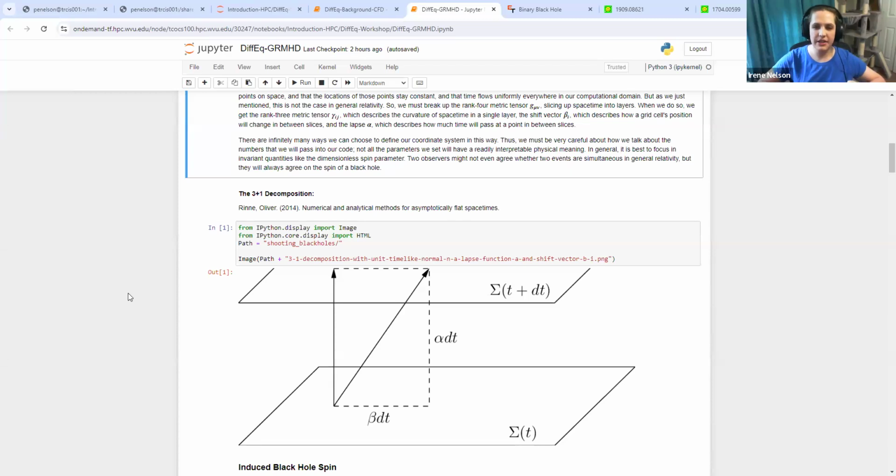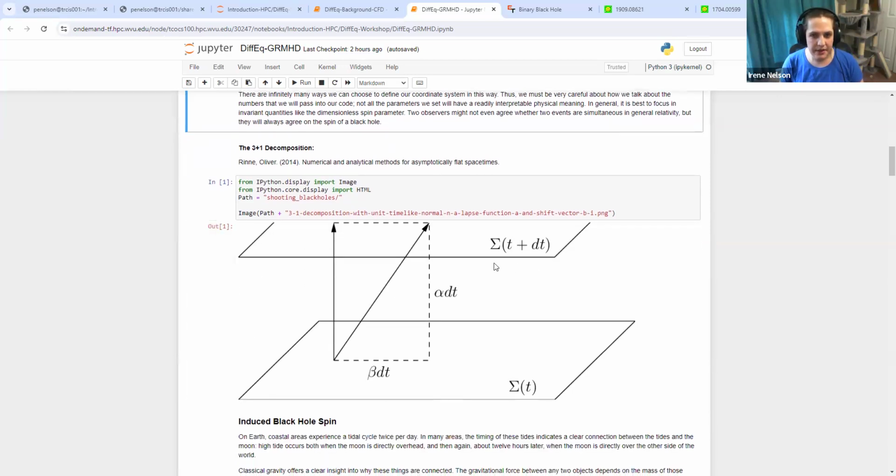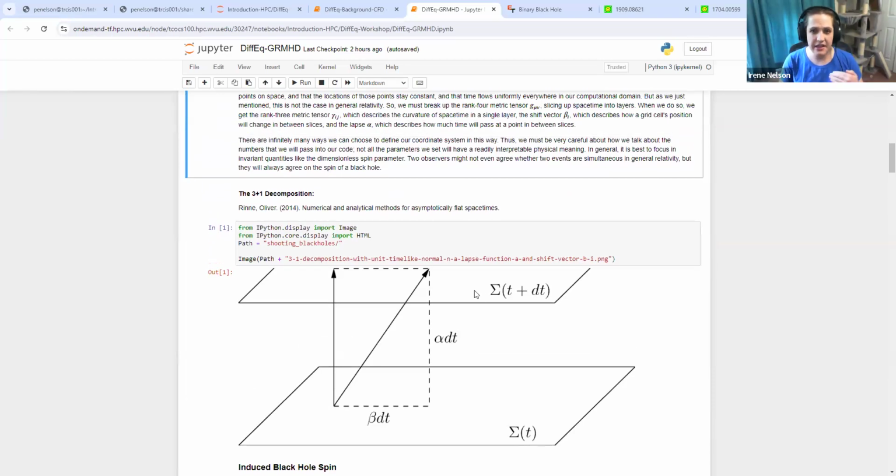That means that we're going to turn that rank 4 metric tensor into a couple of separate quantities. We'll have the rank 3 metric tensor, gamma, and we can see that this is subscripted with Latin indices i and j instead of the Greek ones mu and nu. That's just a convention that tells us that these indices will run from 1 to 3, which is 3 spatial dimensions.